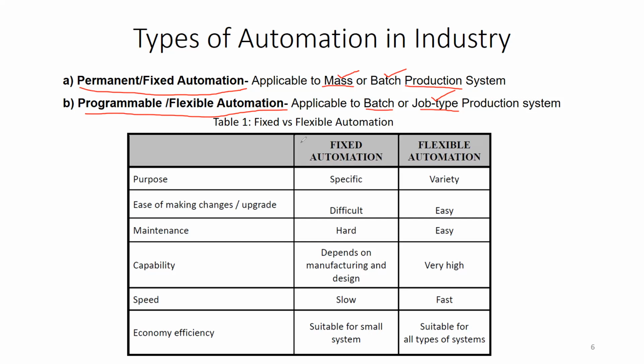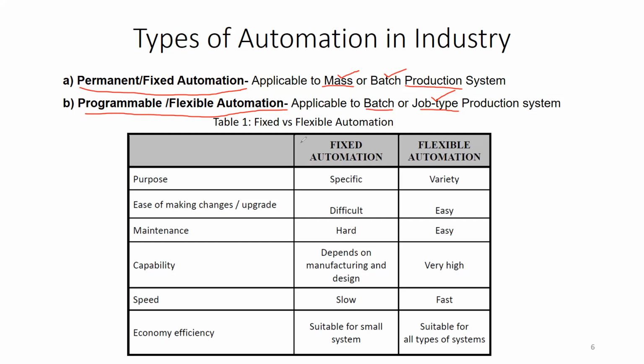Okay, so that is why it needs to be decided in the first instance itself which type of production system would be applicable to the industry or the part being manufactured in the industry. Accordingly, you will decide for the automation. If we talk of flexible automation, it won't be having any conveyor belts.